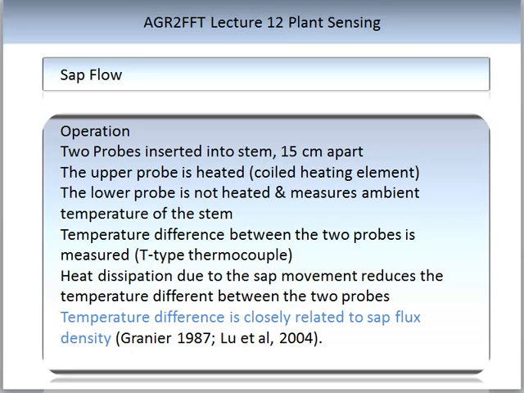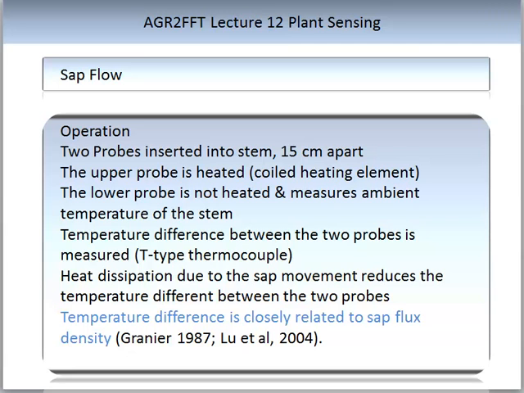The lower probe is not heated and measures the ambient temperature of the stem and its tissues. The temperature difference between the two probes is measured by a T-type thermocouple. The heat dissipation due to the sap movement reduces the temperature difference between the two probes.